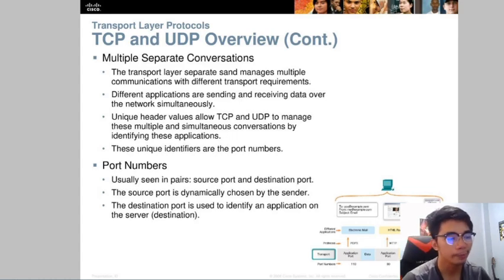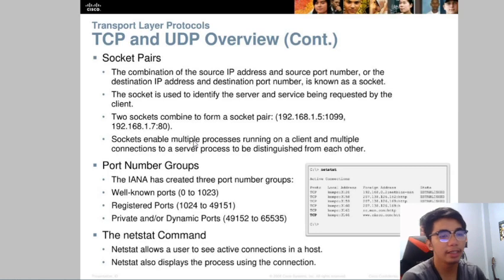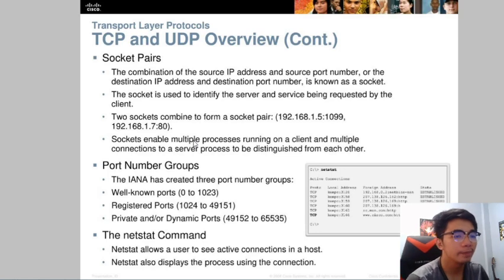Then TCP and socket pairs: the combination of the source IP address and source port number, or the destination IP address and the destination port number, is known as a socket. Then the socket is used to identify the server and service being requested by the client. Then two sockets combine to form a socket pair.